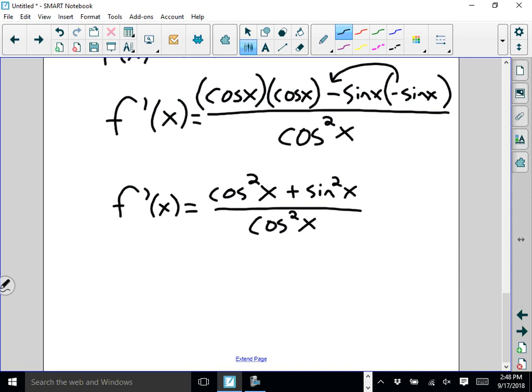Your most important Pythagorean theorem trig ID says that sine squared x plus cos squared x always equals what number? 1. So we can replace the top with 1. And we know that 1 over cosine squared would simply be secant squared x. We showed it.